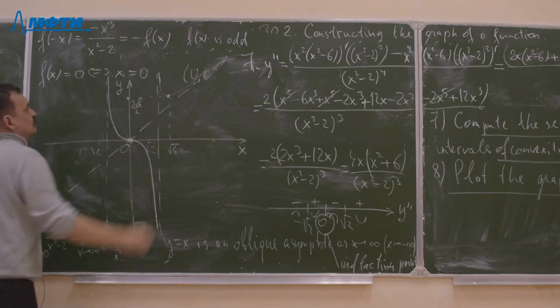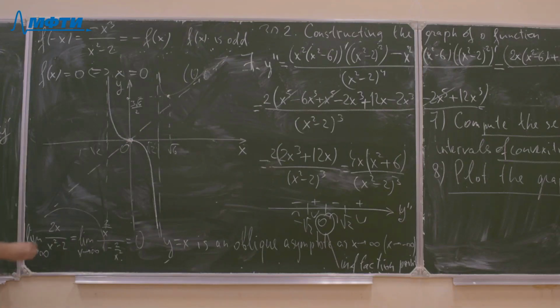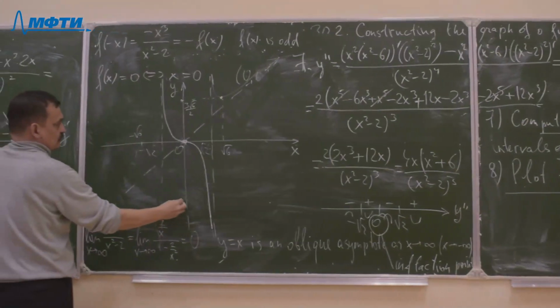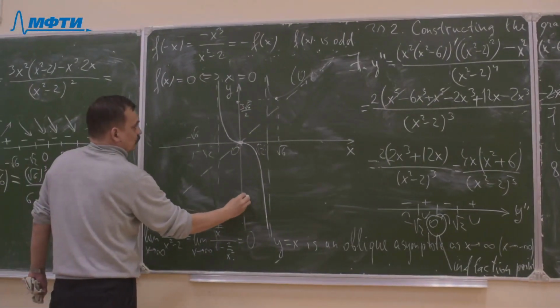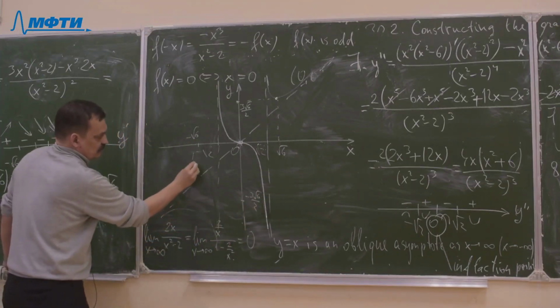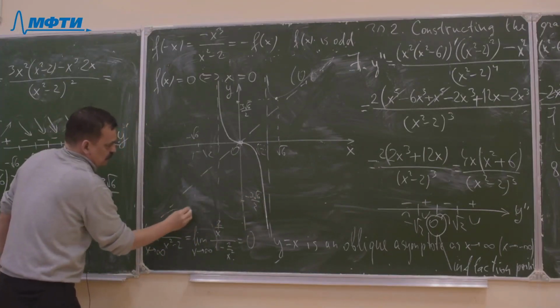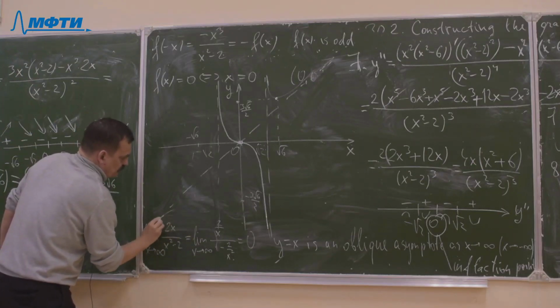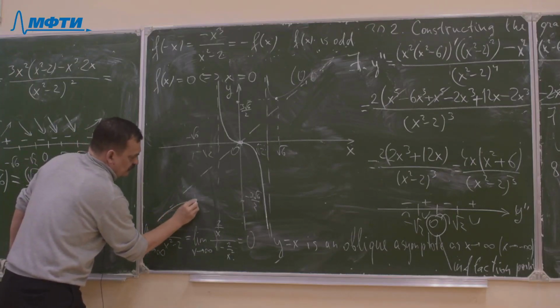That is the minimum point, and analogously, symmetrically, here is minus square root of 6, so minus 3 square root of 6 over 2, symmetrically here. That's it.